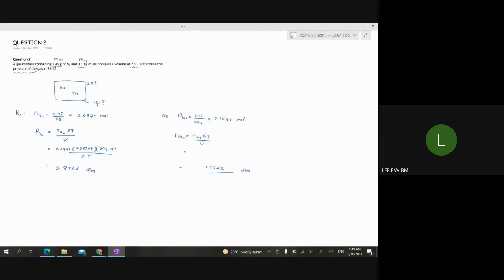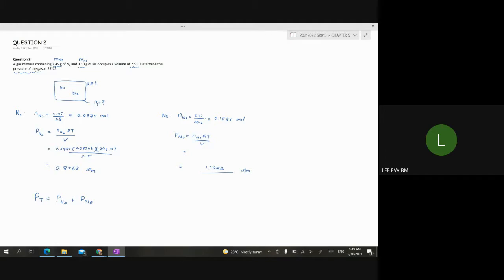Okay, so now we want to apply your Dalton's law. Must write out the formula. P total equals the pressure for nitrogen plus the pressure for neon. Normally in a written exam, this formula bears 1 mark. You will be given 1 mark for the formula written, so make sure everyone writes down the formula.